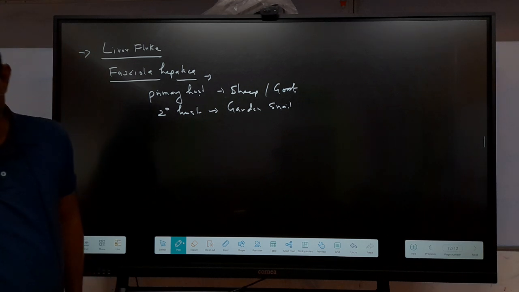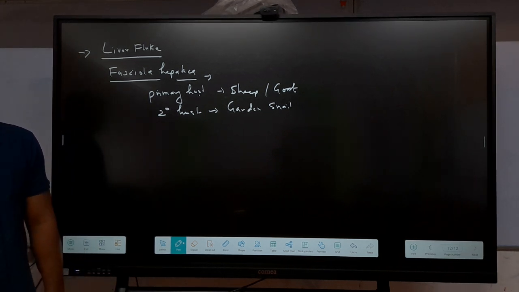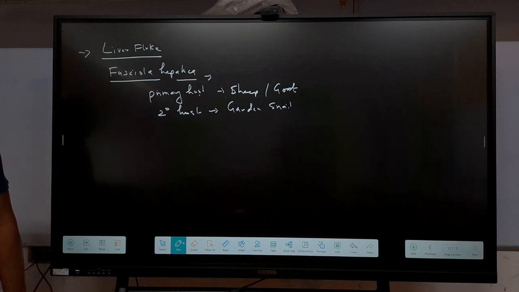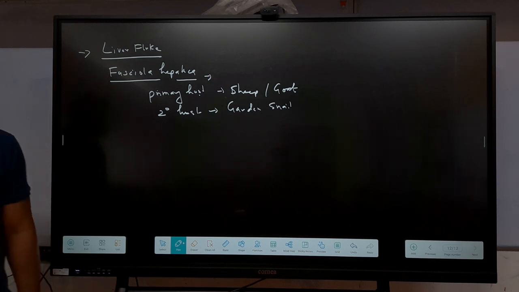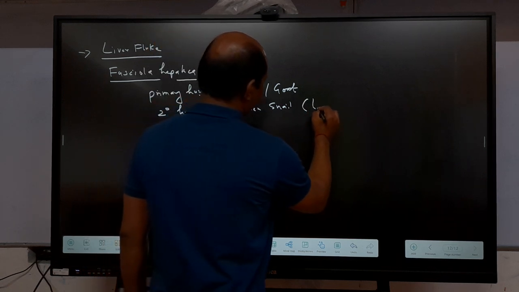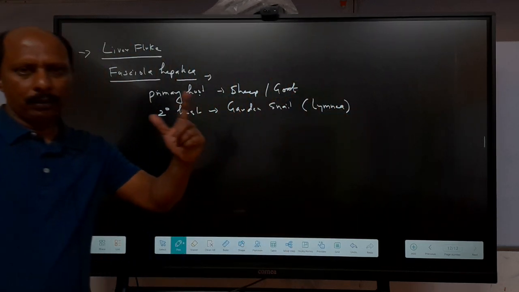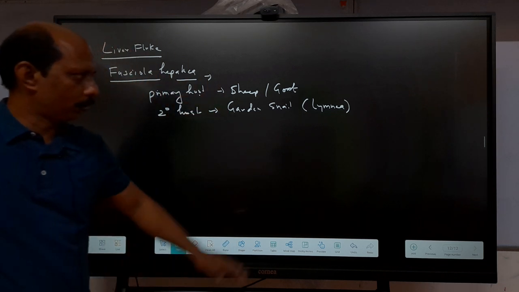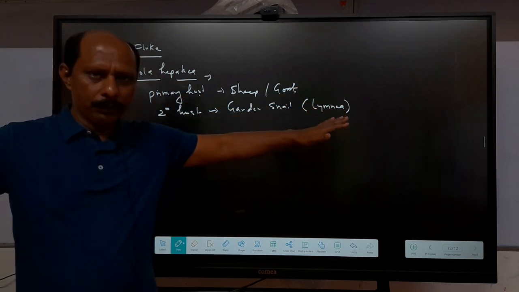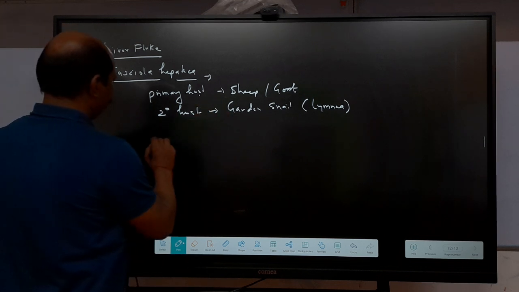The scientific name of the garden snail is Lymnaea. It is given in our 12th, in the chapter ecosystem, in population.